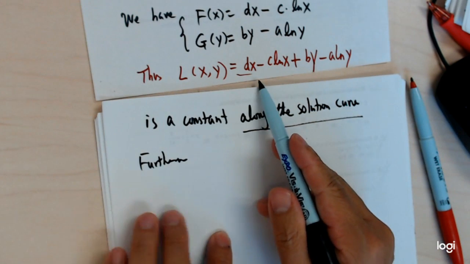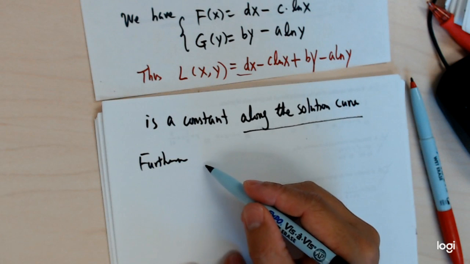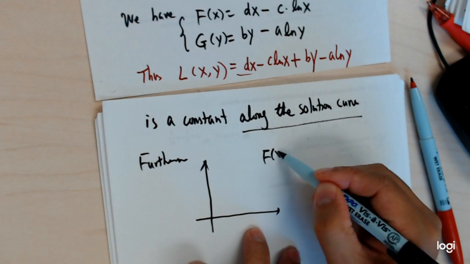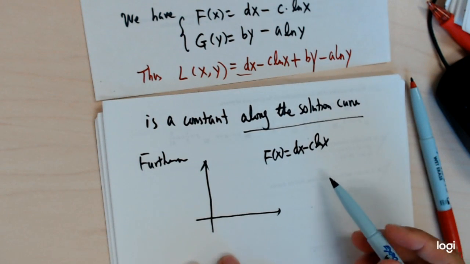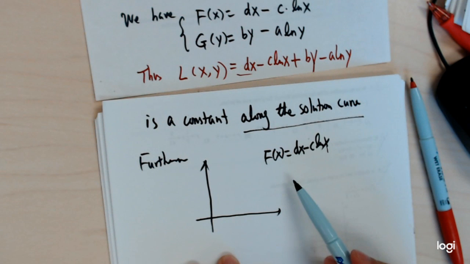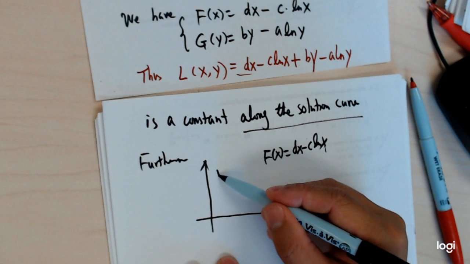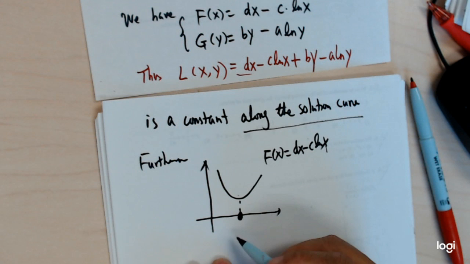Furthermore, let's look at the graph of f of x and g of y. Okay, they are separate. Here's f of x. F of x is dx minus c ln of x. The graph of this, you can plot this. Turns out this guy achieves the minimum at this x naught.